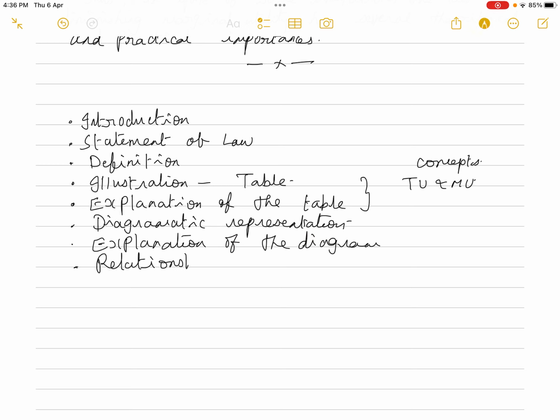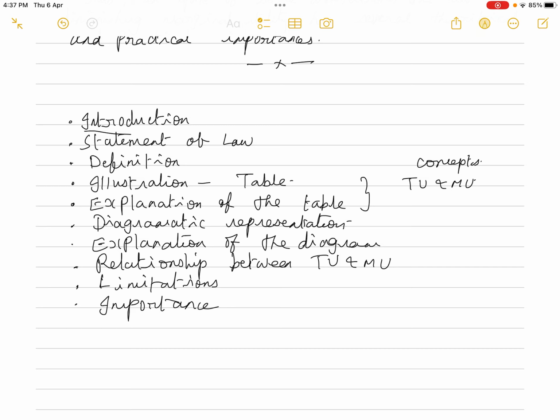And as far as the law of diminishing marginal utility is concerned, you have the relationship between total utility and marginal utility. And as far as this question is concerned, the question is: describe the law of diminishing marginal utility, what are its limitations and importance. So you have to mention the limitations of the law and finally conclude it with importance.